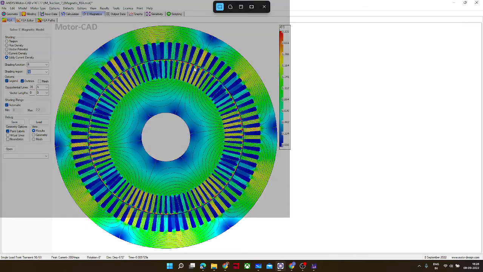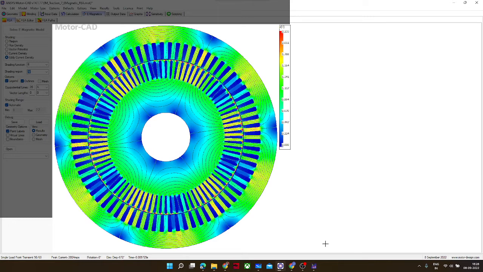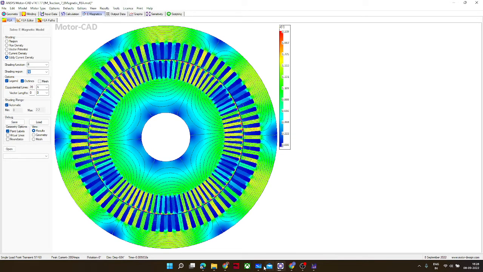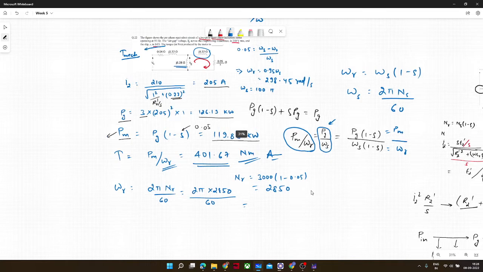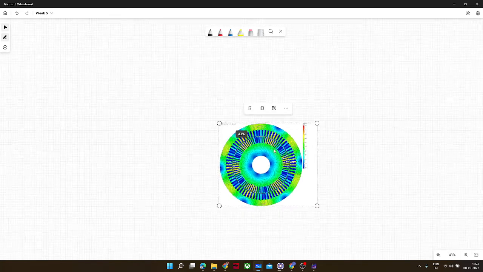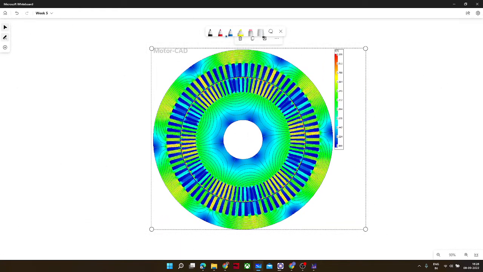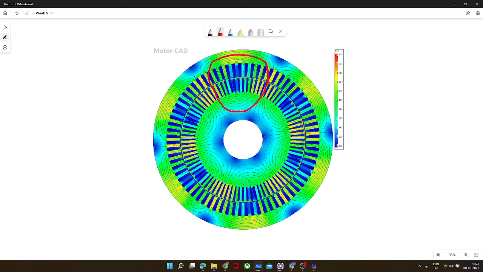Let me take the screenshot again. So this is one flux path completed, the other flux path completed.